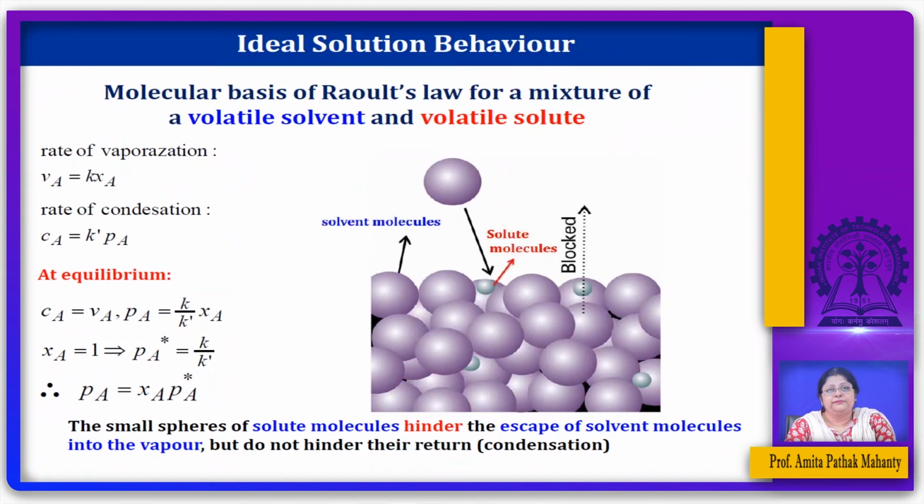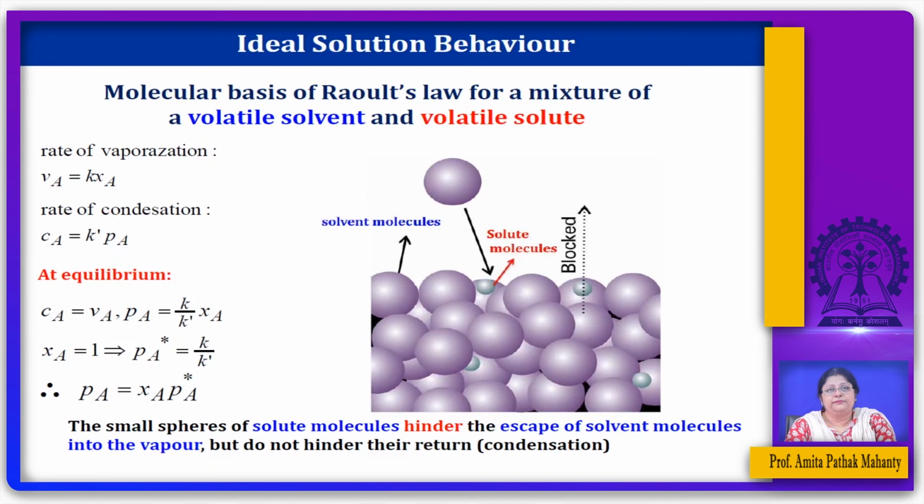That is the reason the rate of evaporation will be much slower than the rate of condensation, because condensation means the vapor is already there, there is no restriction, so it will condense. But when you are talking about evaporation, if certain molecules are interacting with the solvent molecules, they will hinder the escape of that particular solvent particle, right?